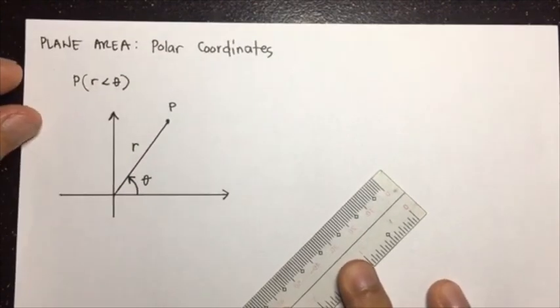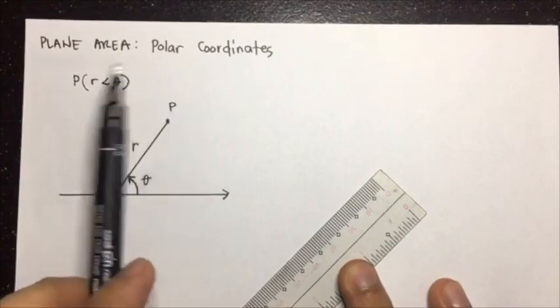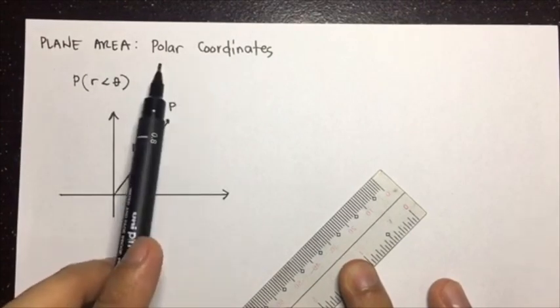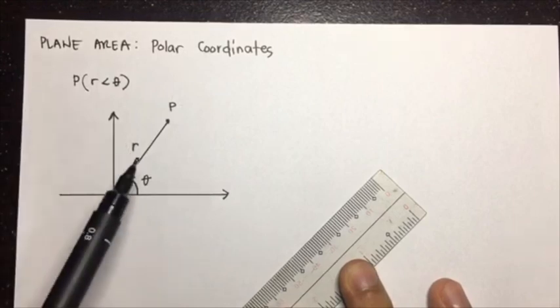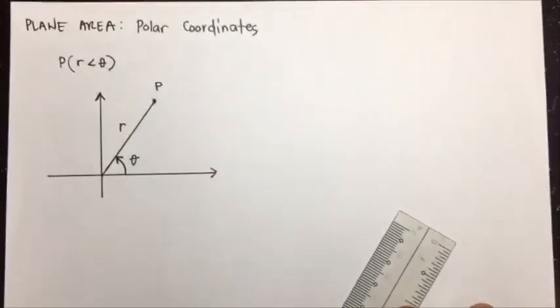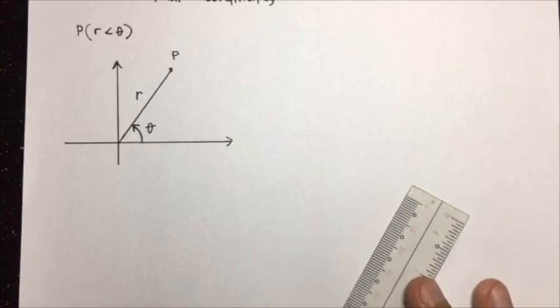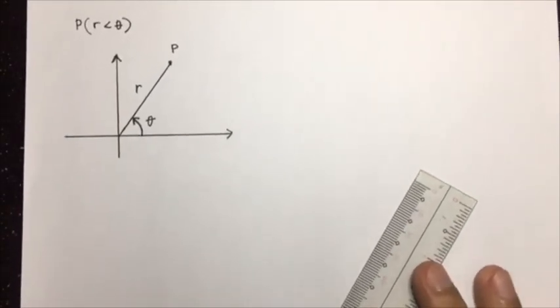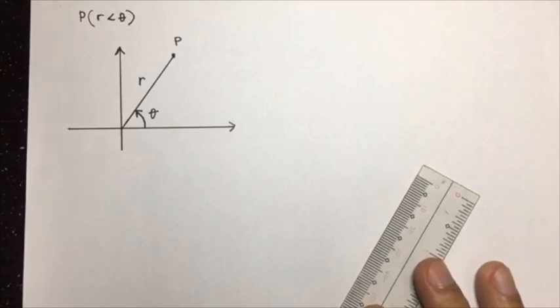Okay, so in areas involving polar coordinates, the curves are given in terms of r and theta. Their equation is usually r as a function of theta.